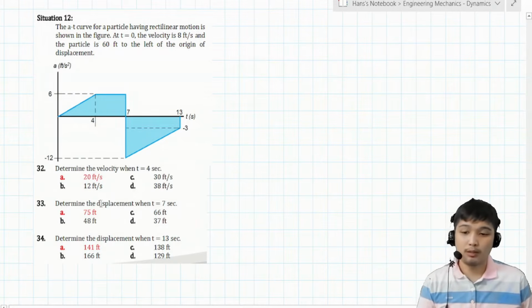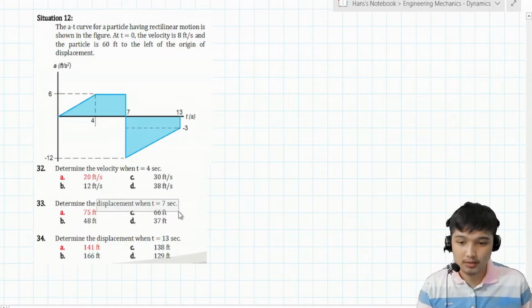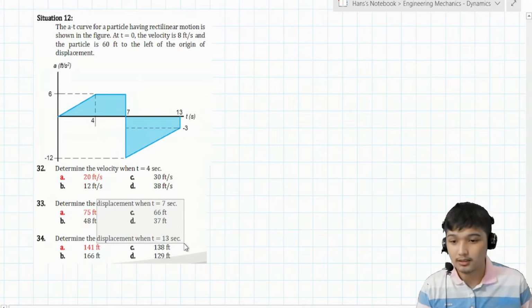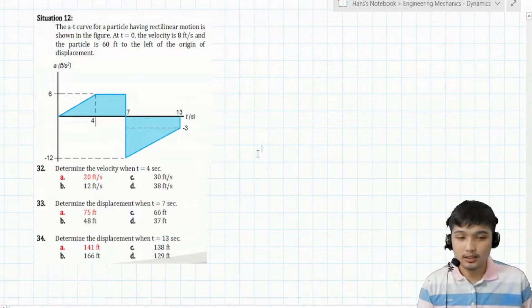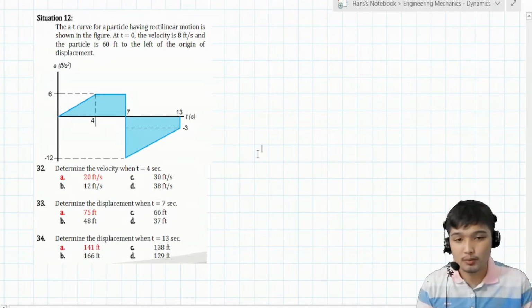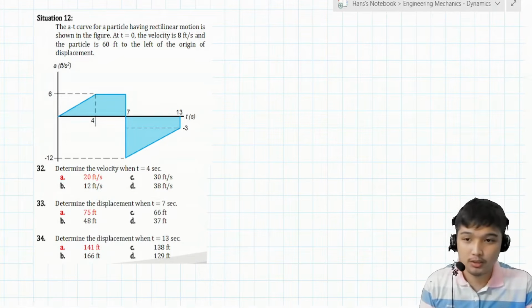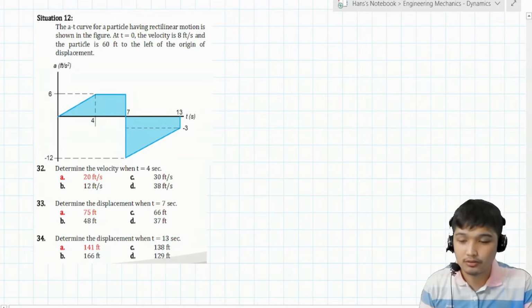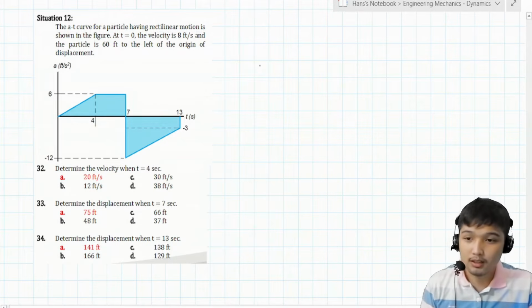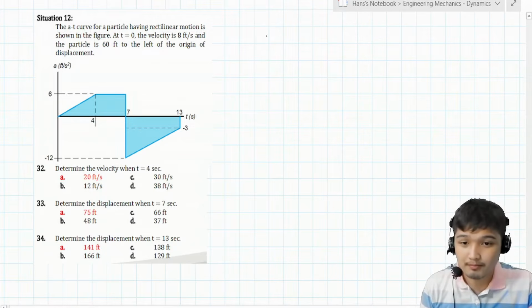So, mayroong dalawang displacement na hinahanap after 7 seconds and then after 13 seconds. So, let us just try lang na magkaroon tayo ng overview. What if gusto nating mag-drawing nung mga curves, nung velocity time diagram saka nung position time diagram? What if gusto nating mag-drawing?